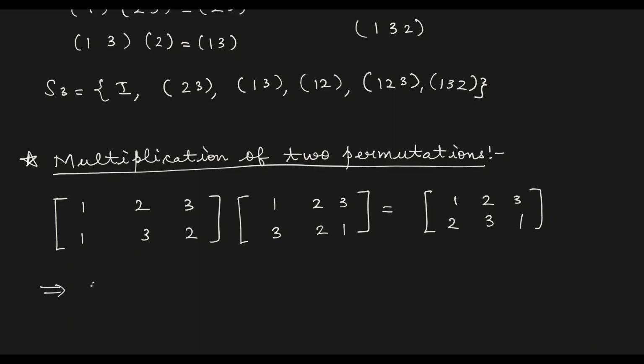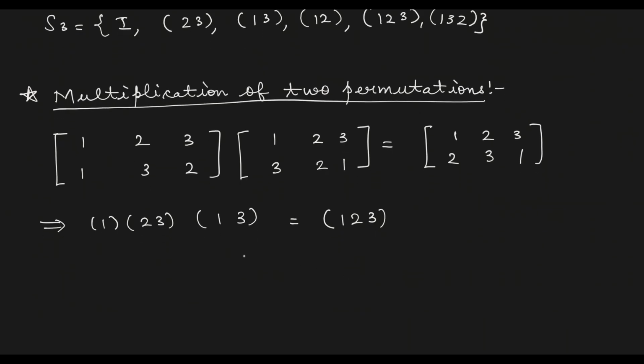So this is basically (2 3) and this is (1 3). Their product is (1 2 3).